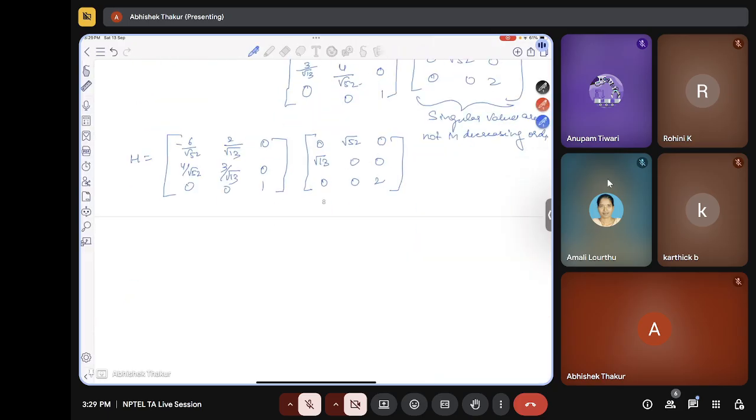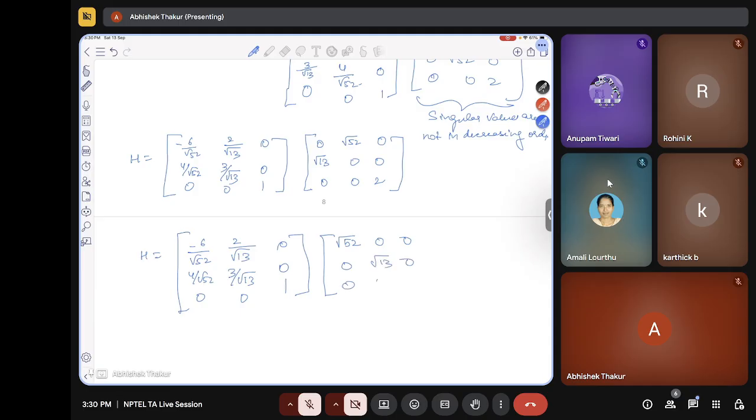But now it's not in the diagonal form. So what we will do, we will write H as follows. When we do the multiplication of these two, we get this matrix.